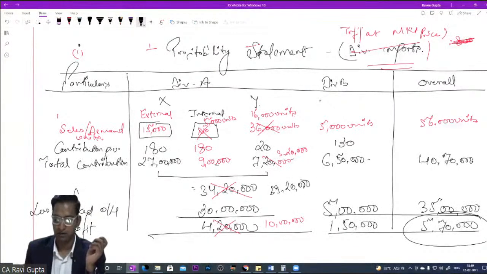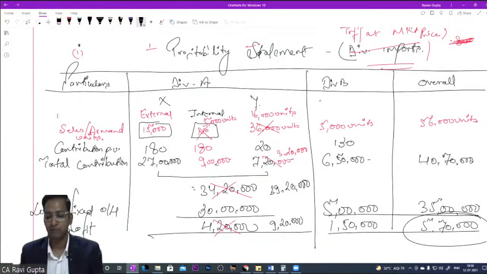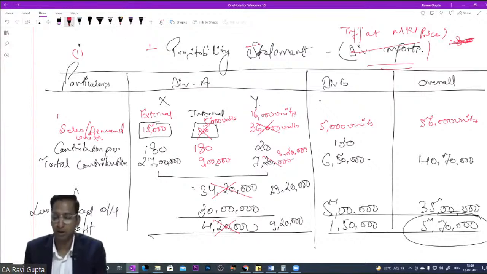And we have 9,20,000 as a profit in division A. And if we now move here, we need to just change this 130 figure with 50 rupees.